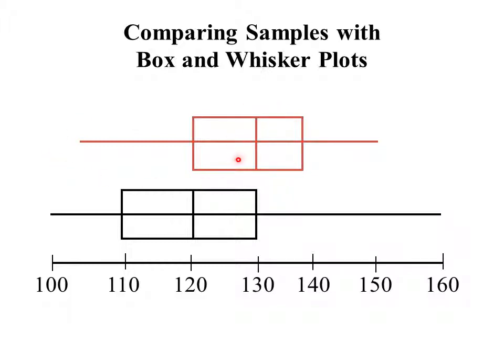But the first set of data has a higher median than the second. These data values up here tend to be bigger than these data values down here, because this box, which represents a total of 50% of our data values, is a little bit more to the right of this one here. So these numbers up here tend to be a little bit bigger than these numbers down here, but these numbers down here are much more spread out than the first set of data.